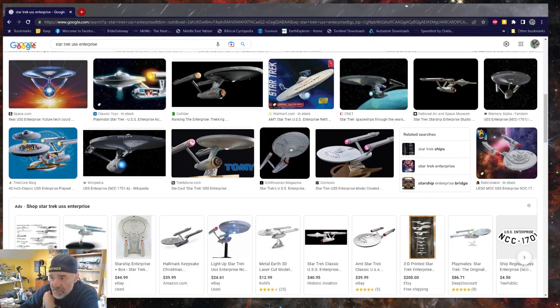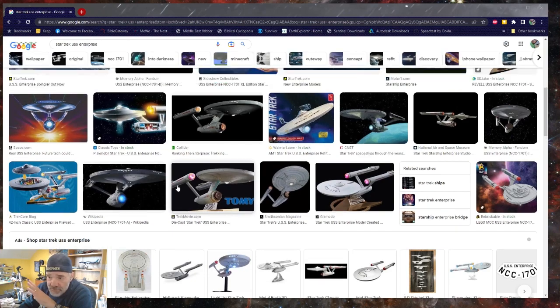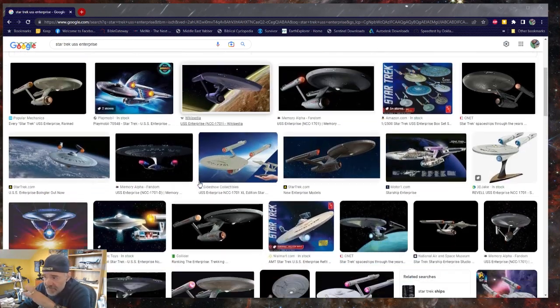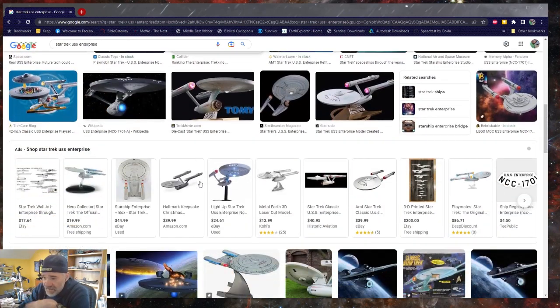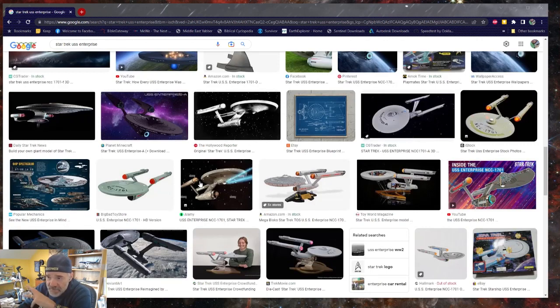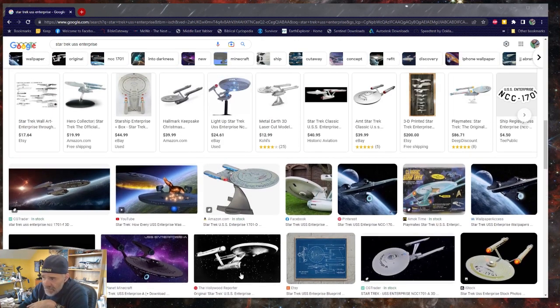I wanted to talk about other colors of ships in Star Trek series. I'm just on Google and just type in pictures, and I am looking for pictures that were used in the show, in the movies, the shows, whatever.